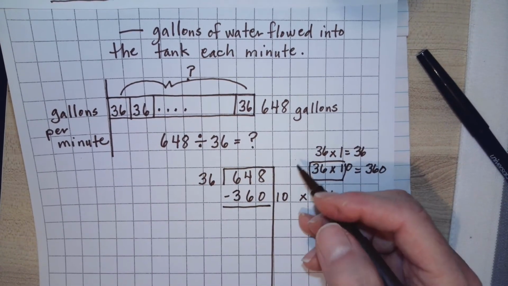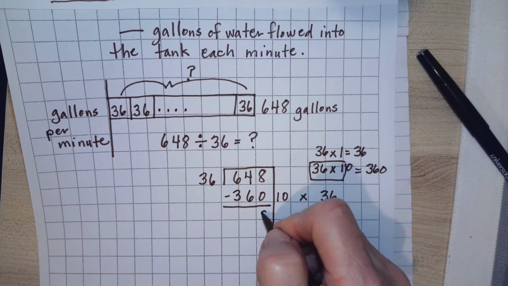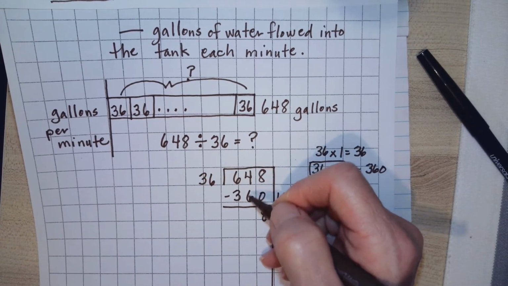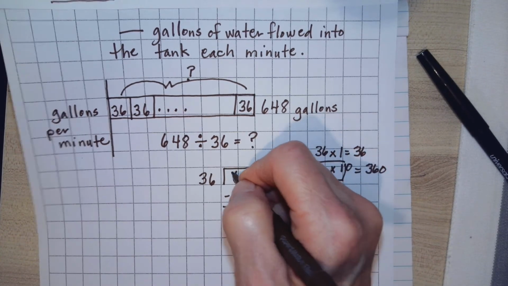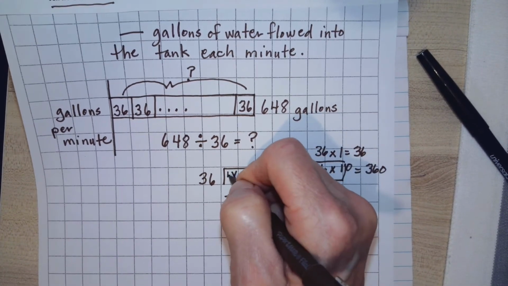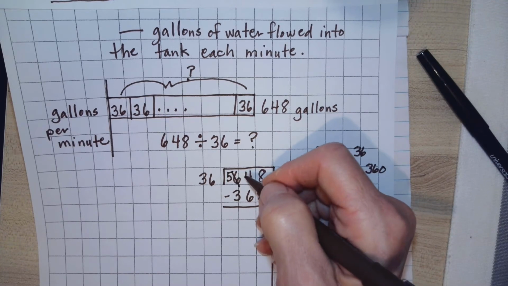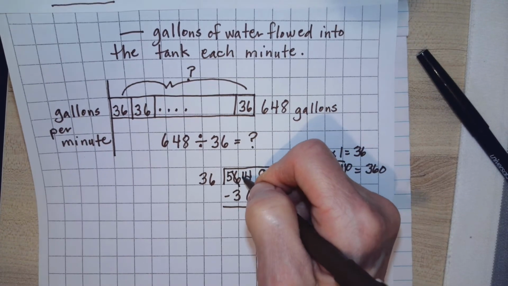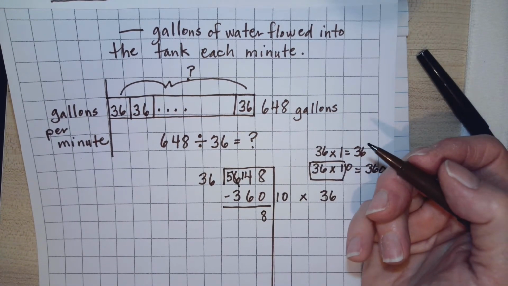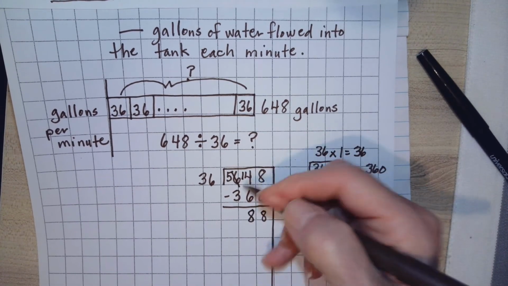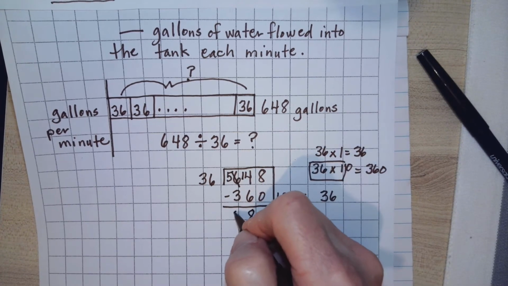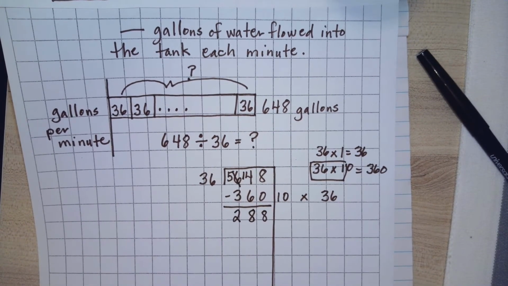Now I'm going to subtract. 8 minus 0 is 8. I cannot take 60 from 40, so I have to go to the hundreds. I get 100, which is the same as 10 tens, and so now I'll have 14 tens there. 14 minus 6 is 8. 5 minus 3 is 2.